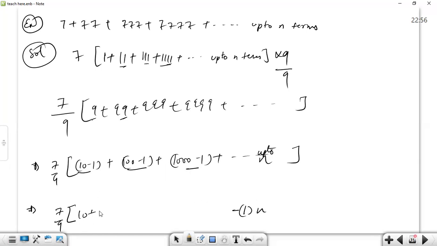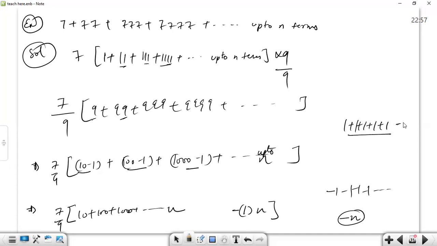So now we may write 10 plus 100 plus 1000 and so on for n terms, and also minus 1 n times. Instead of writing minus 1 n times, we can write minus n. Clear? If we are adding 1 plus 1 plus 1 plus 1 plus 1, 5 times, it is 5, right? So if we add 1 n number of times, we may write it as n. Similarly, for negative, we may write minus n here. Clear?